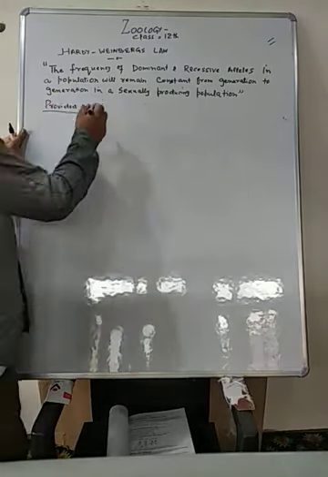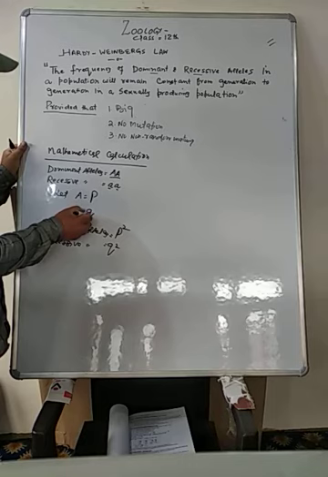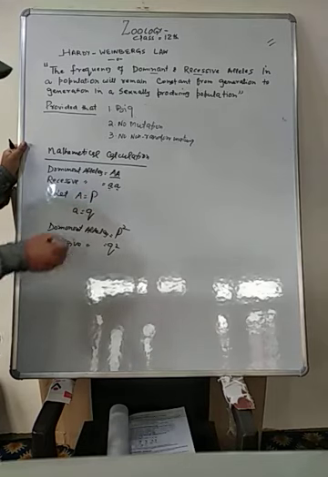Similarly, recessive alleles will be equal to Q square, given the value Q, that means Q square.